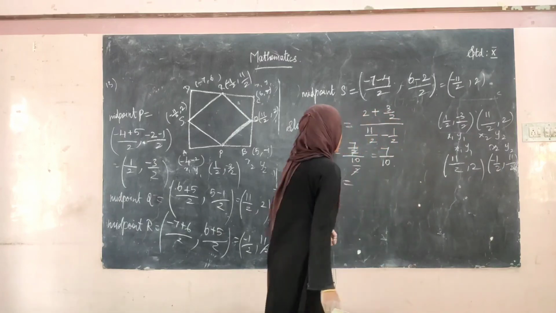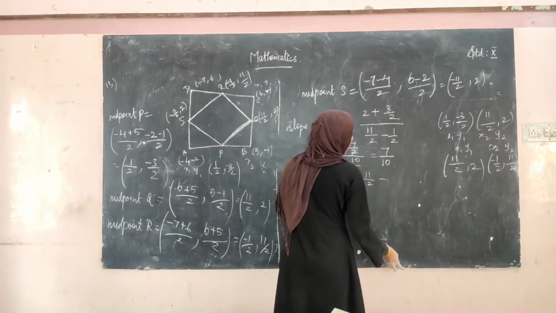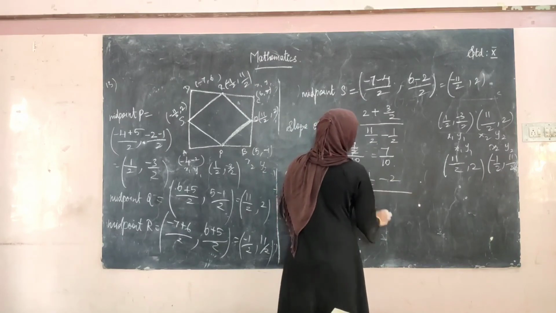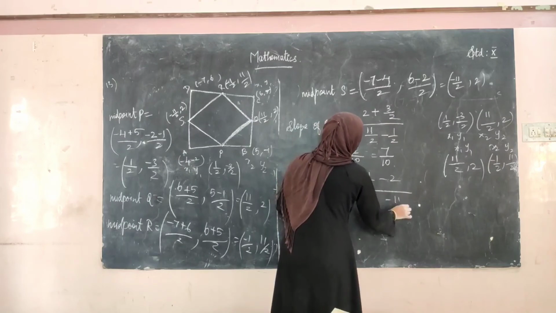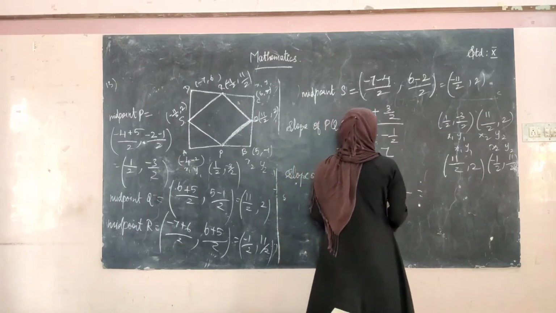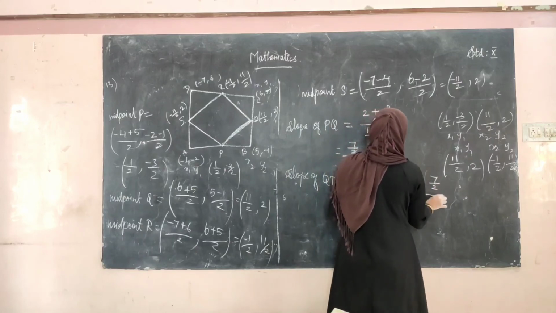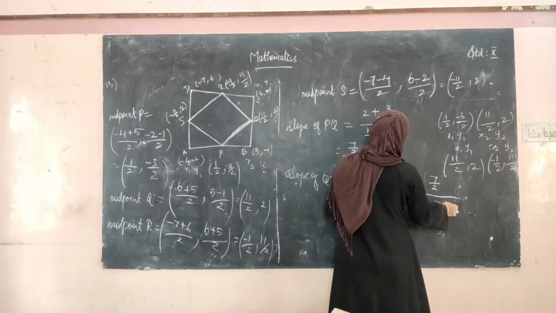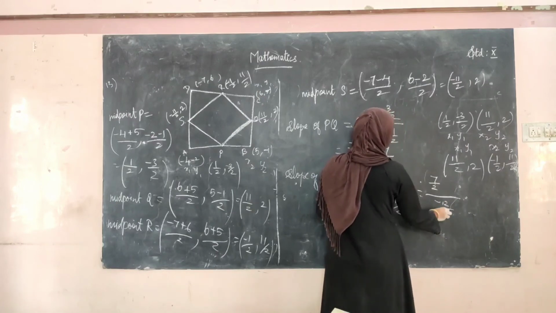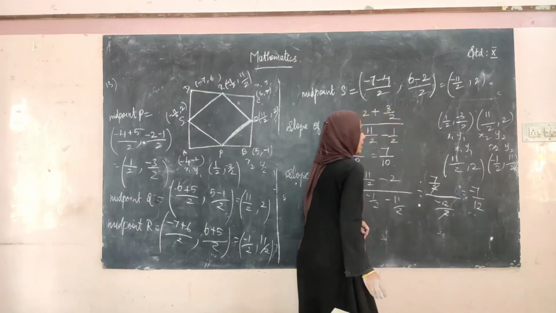Okay, so what's the formula? y2 minus y1: y2 is 11/2 minus y1 is 2, divided by x2 minus x1. x2 is -1/2 minus 11/2, which is equal to 11 minus 4, right? 7 divided by 2. So this becomes minus 12 divided by 2. So 2 gets cancelled. 7 divided by 12, minus 7 divided by 12.